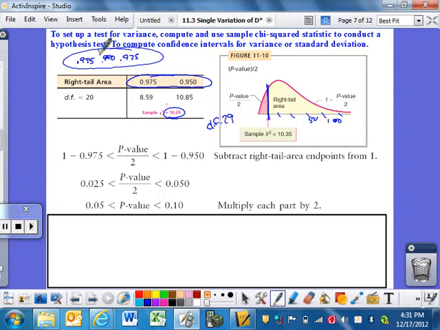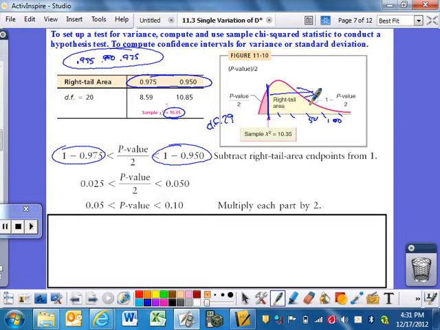If you're on the right side where you get the 0.1, the 0.05, the 0.025, then you just write it down as it is. But if you get the 90%, you will always have to subtract them from 1, because the chi-squared is saying everything to the right. So our actual p-values are going to be 1 minus that.